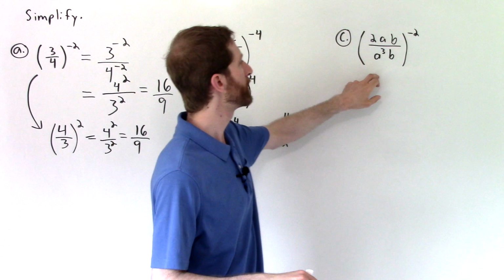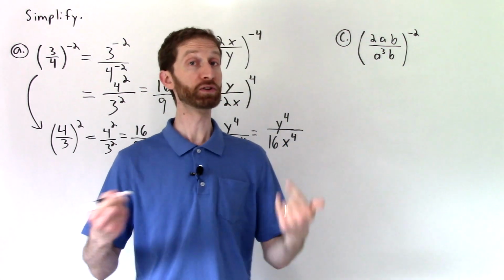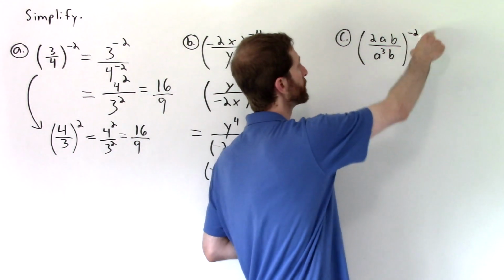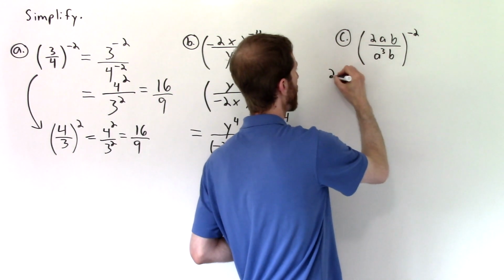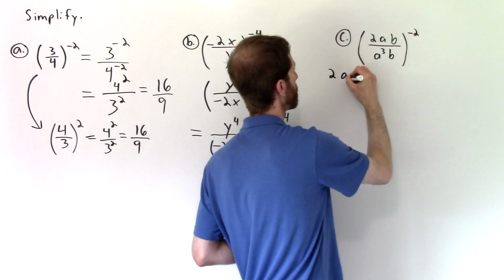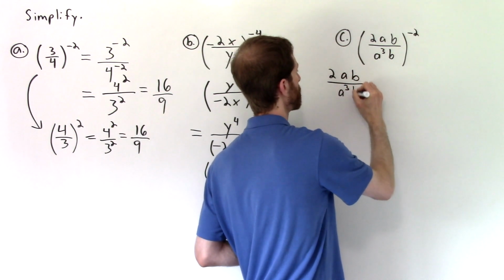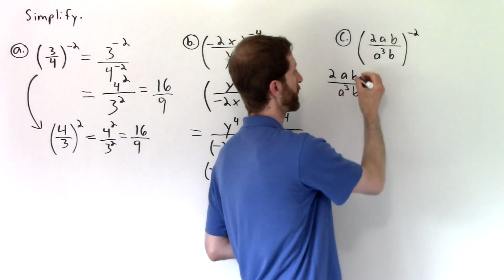Now, with this problem, I've given you one where you can simplify in the parentheses first. So let's do it. We're going to simplify in the parentheses first, and then we'll deal with the exponent. Looking at this, mentally, I've got 2ab all over a cubed b. The b's are just going to divide out.